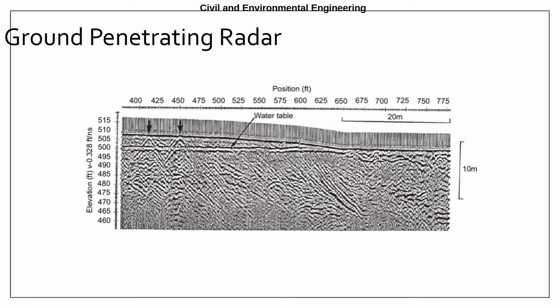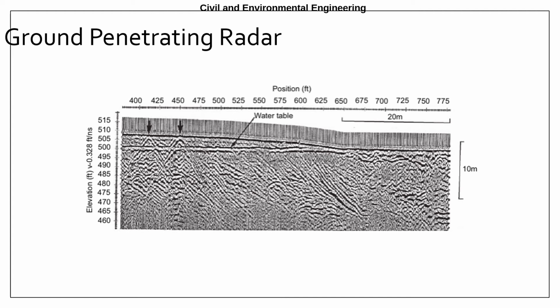Another method is ground penetrating radar. Ground penetrating radar is actually closer to seismic reflection in the sense that it images the subsurface, and you can see the patterns or the outlines of the objects beneath.